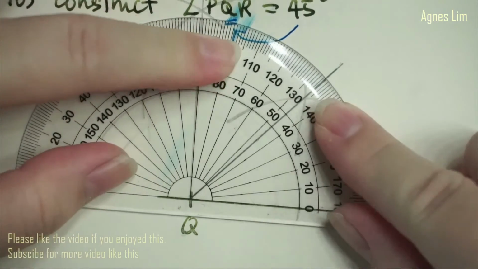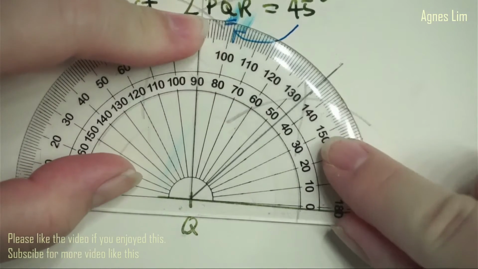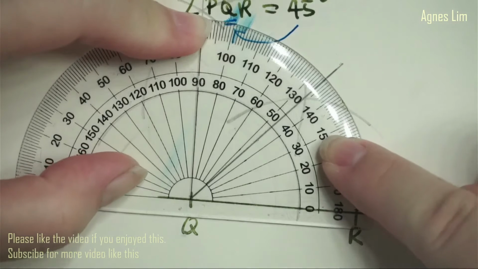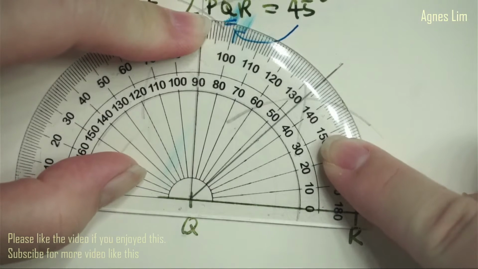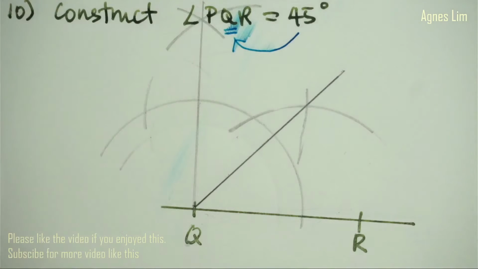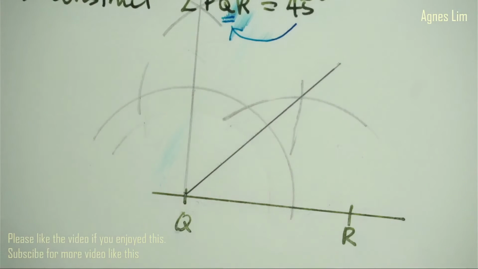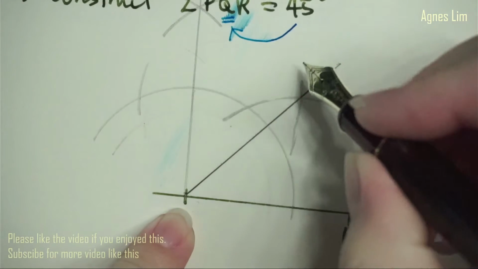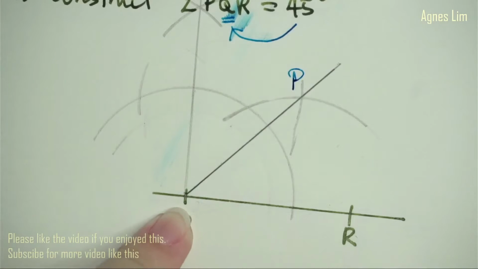Okay, is it 45? Alright, so it's about 45 there. So it's 45, so P, Q, R, we already have Q here, means that this is P.